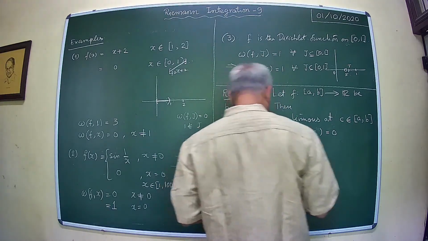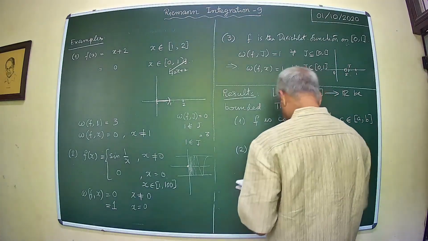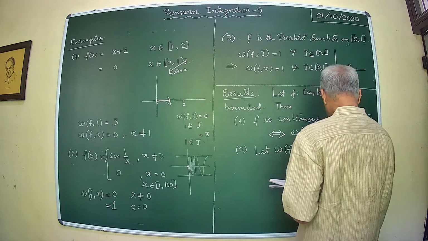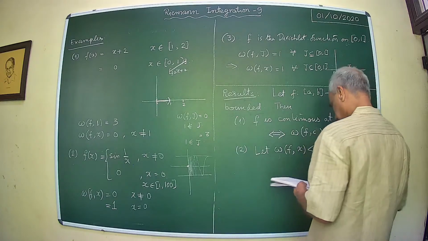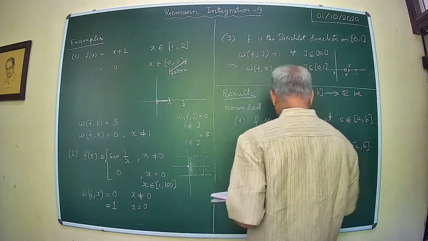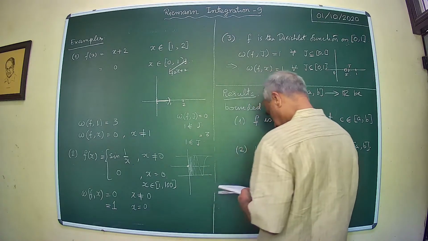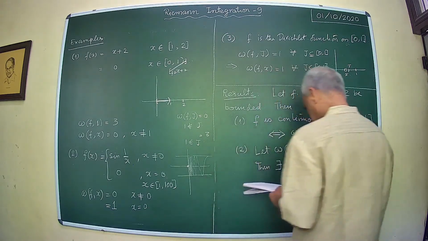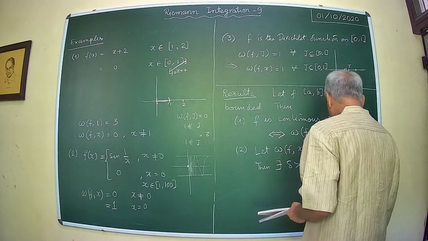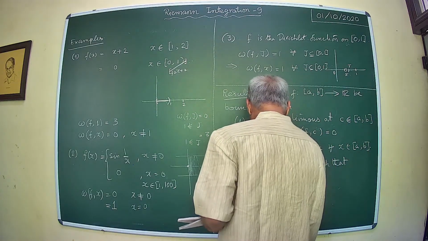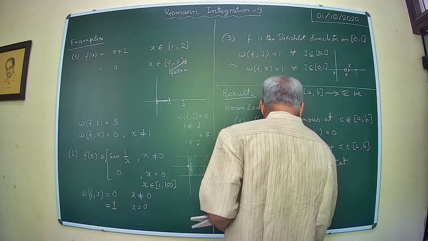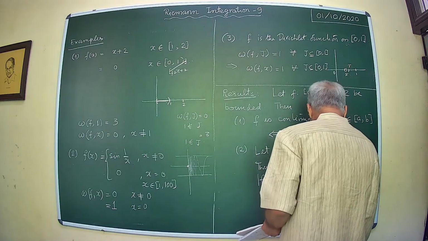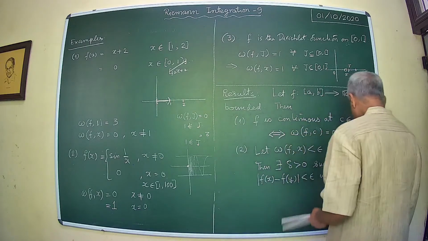this is a bit more incisive analysis. Omega f at x less than epsilon for every x belonging to AB, then there exists delta positive such that mod fx minus fy is less than epsilon whenever mod x minus y is less than delta.